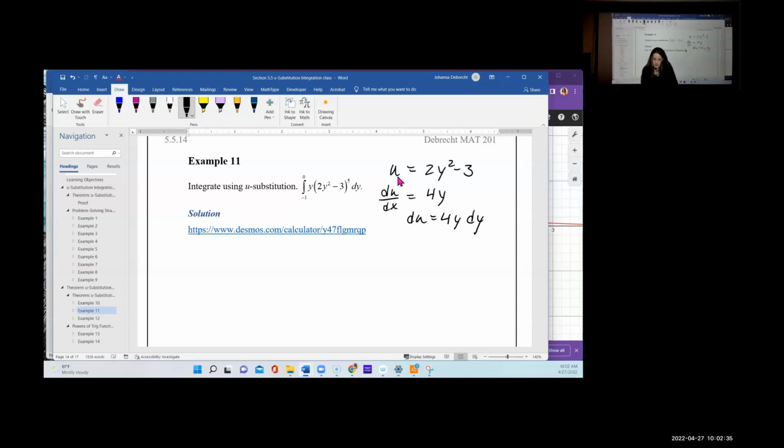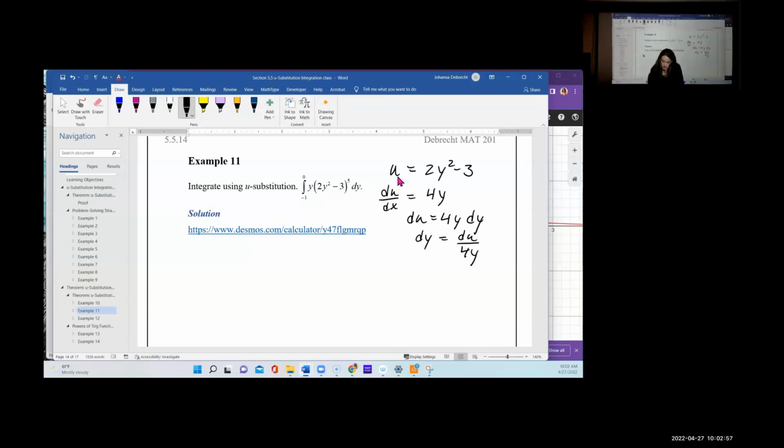Now notice this does not exactly match what's in the problem. So I'm going to go ahead and solve for dy to get du over 4y. Now I know it's a definite integral, and I'm going to try to push you towards method 2. So we're going to switch the limits of integration to u form.